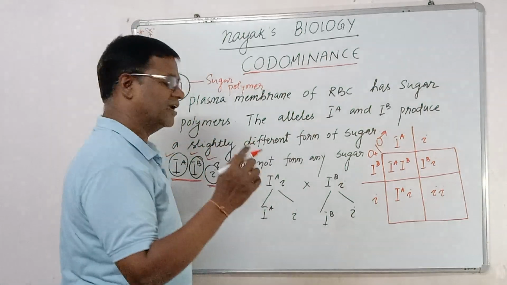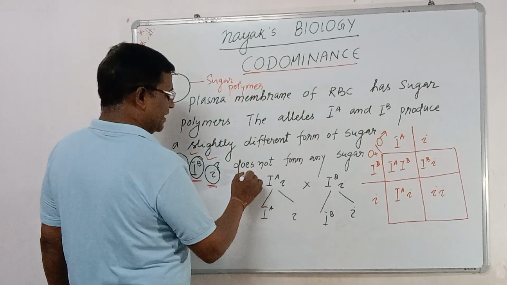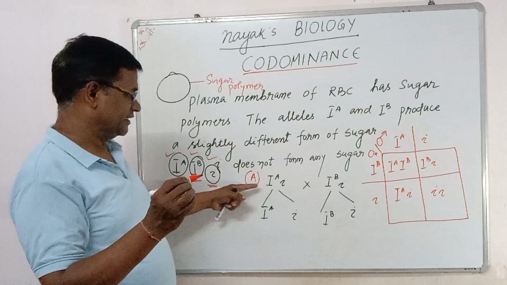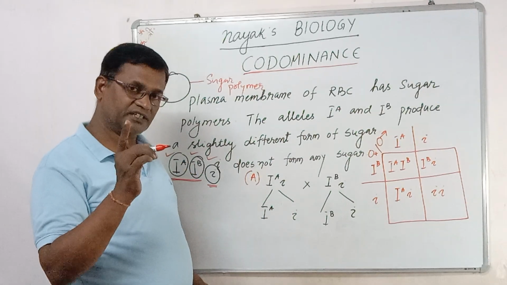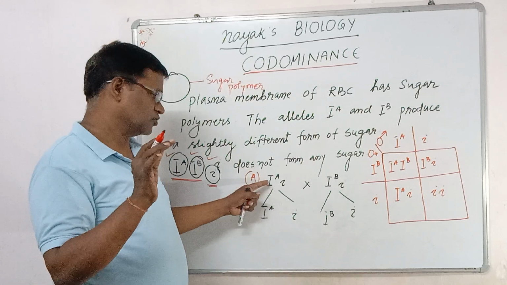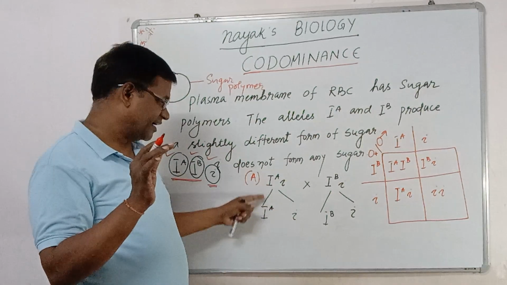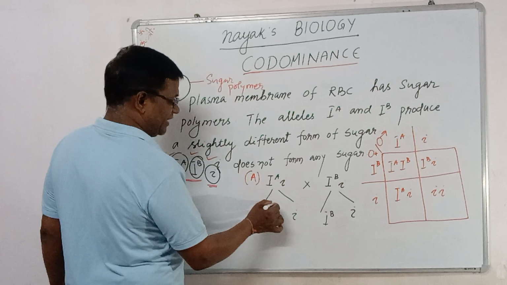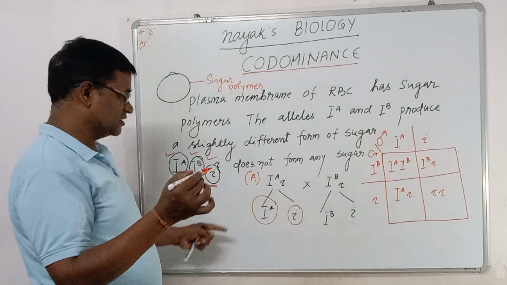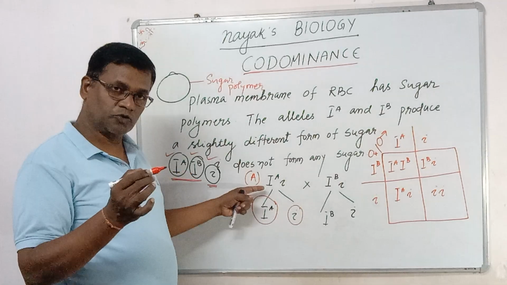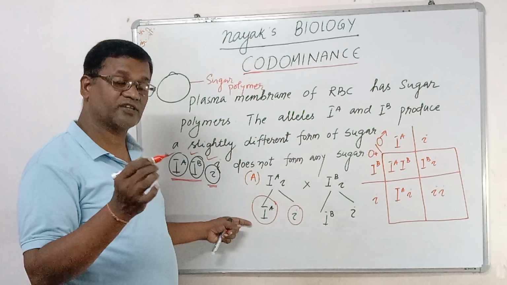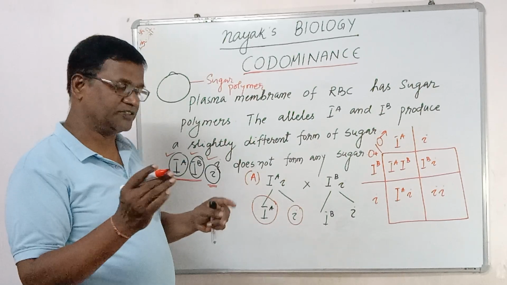Suppose a parent has blood group A. A means it should have the IA gene, then only it will represent the A group. And small i is a recessive character, that's why the dominant one shows. What gametes are produced? It produces two gametes, IA and small i. These are the two gametes produced by blood group A. If it is in the heterozygous condition, heterozygous means both alleles are different from each other.